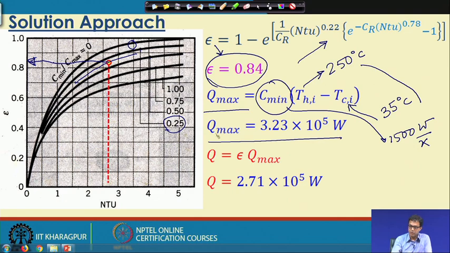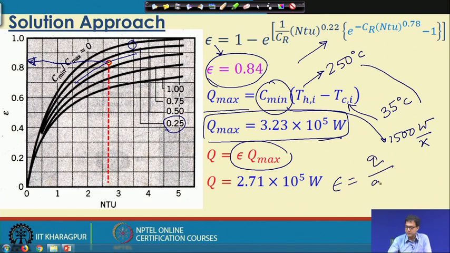When we know the Q max, we can find the actual heat transferred from the definition of epsilon, which is Q by Q max.